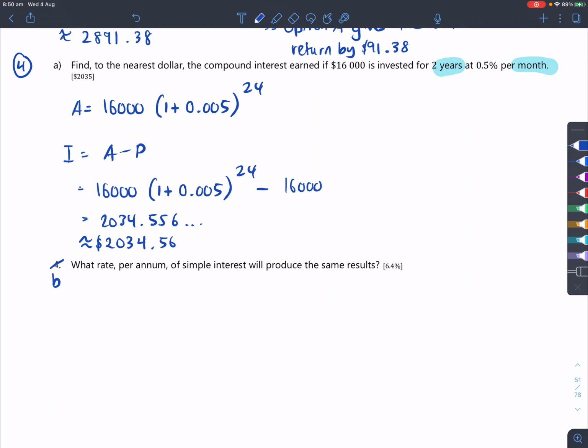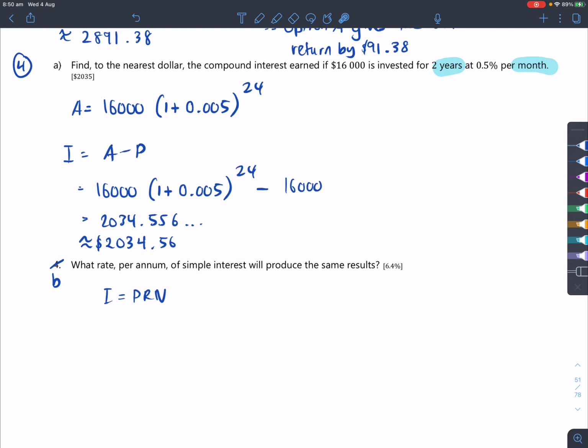All right, now, at what rate per annum of simple interest will produce the same results? If we want to produce this amount of interest, and we have this formula to play with, this number represents our I value, our interest. We want our principal, which is $16,000, to grow to that amount.